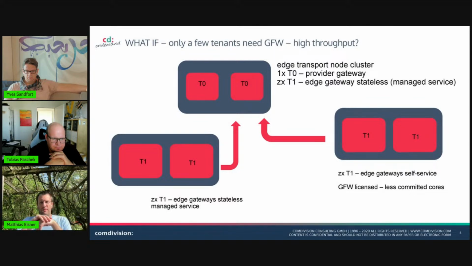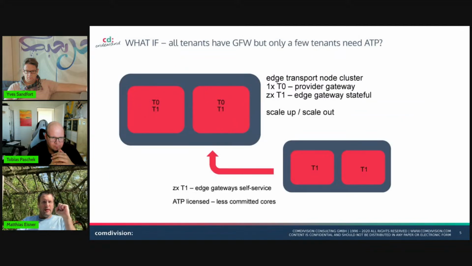Interestingly enough, we could play the same game with ATP, Advanced Threat Protection. So I think that's one of Toby's most favorite topics, because ATP, Advanced Threat Protection, offers IDS/IPS, or in our scenarios, we're currently talking about gateway IDS/IPS.